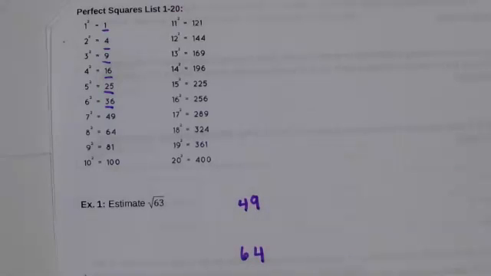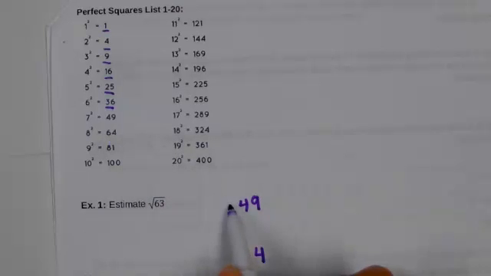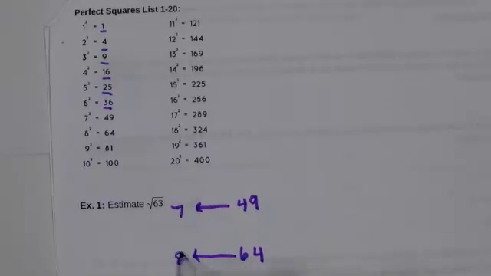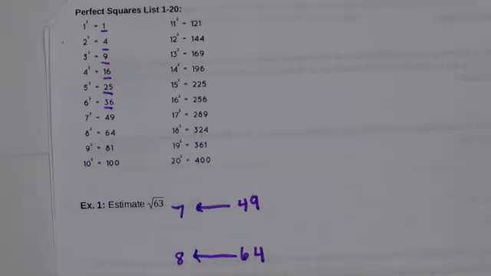Okay, and what I like to do is start with those perfect squares, and then I work backwards. So the square root of 49 is 7, and the square root of 64 is 8. I know that because 7 times 7 is 49, and 8 times 8 is 64.